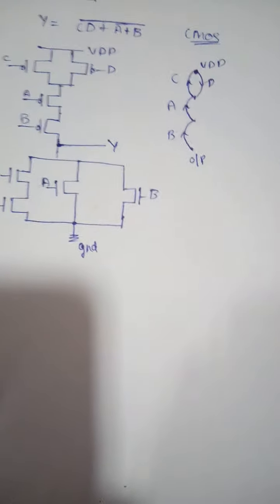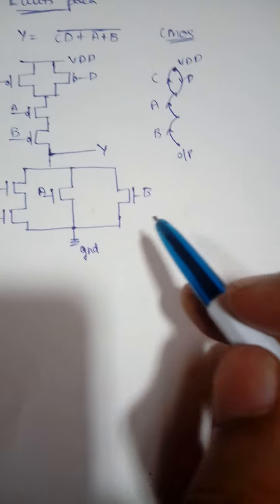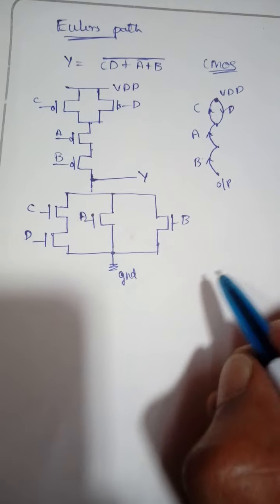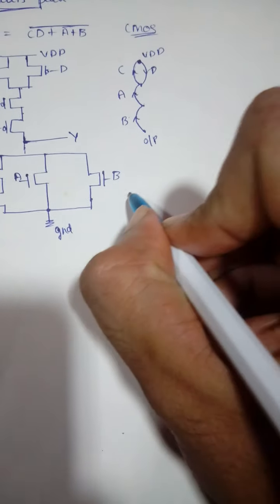So this is one set of path, and we also have another set of path from ground to the output.